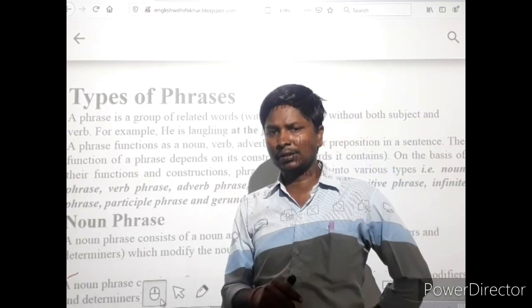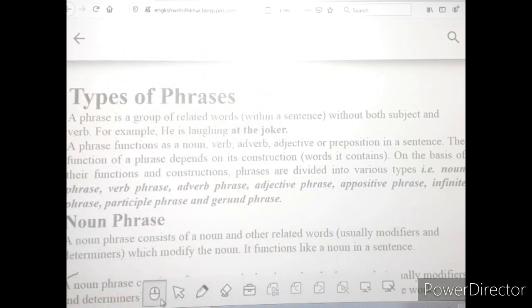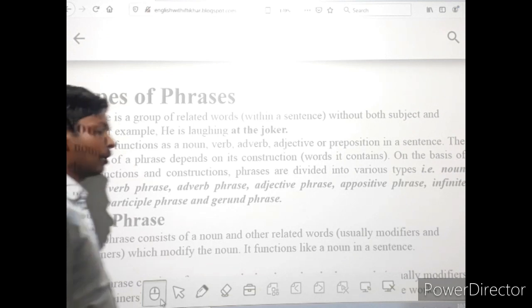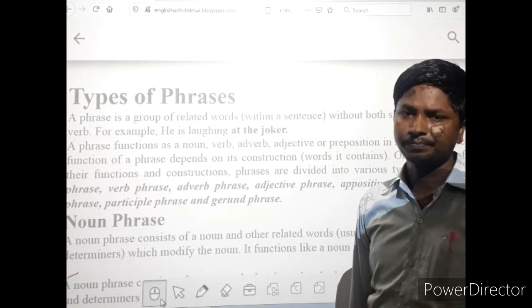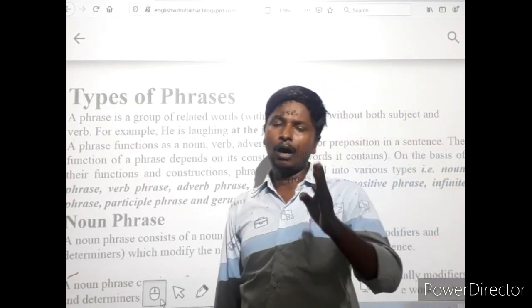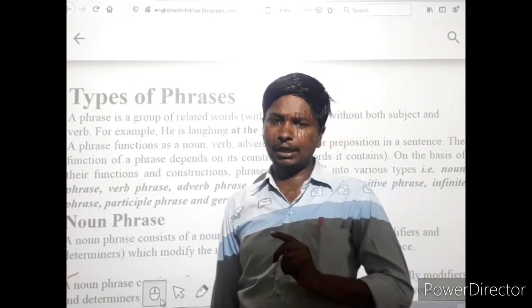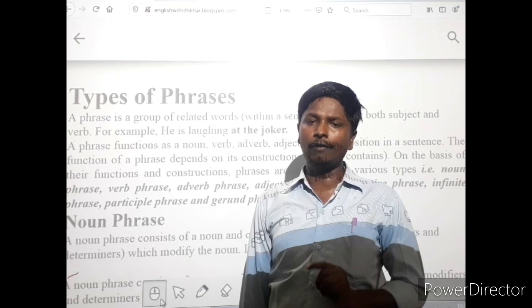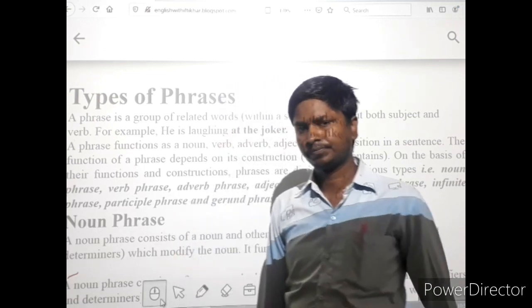I'm telling you the definition, and you can also take a screenshot of this page, and you have to write the definition of these kinds. A noun phrase acts as a noun, an adjective phrase acts as an adjective, and an adverb phrase acts as an adverb.